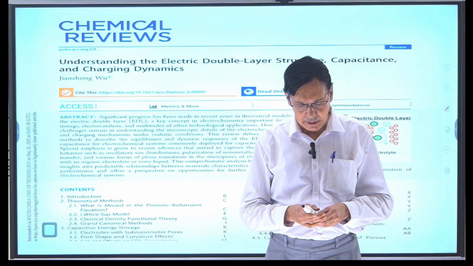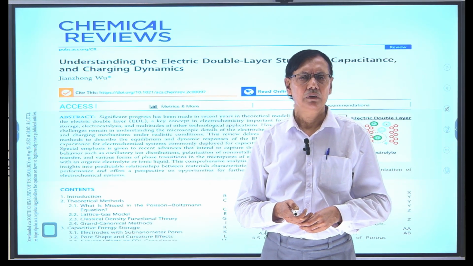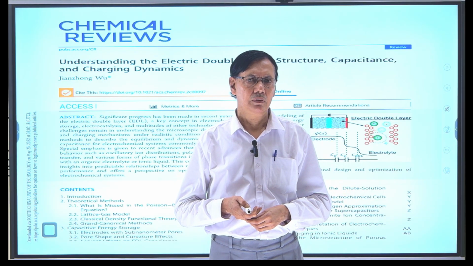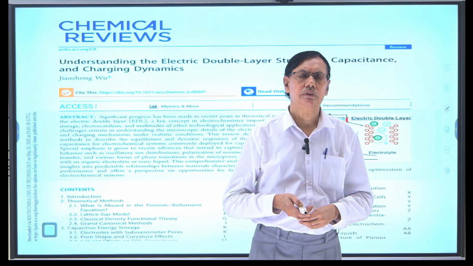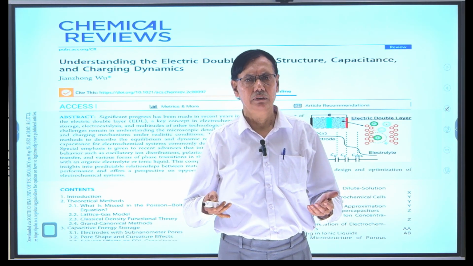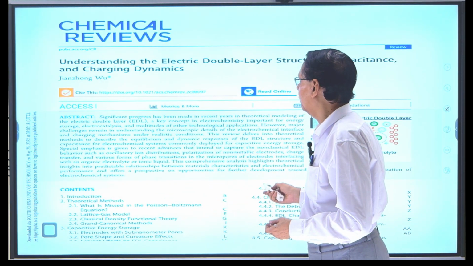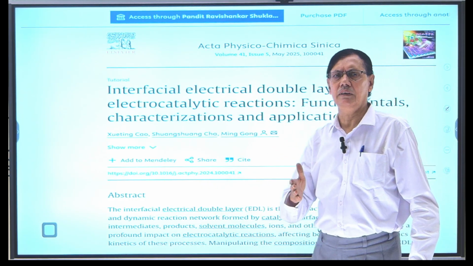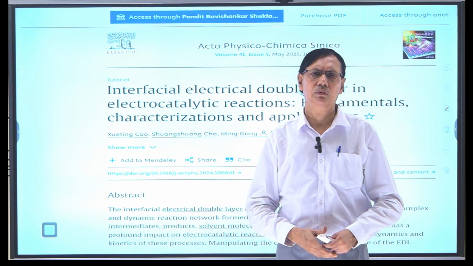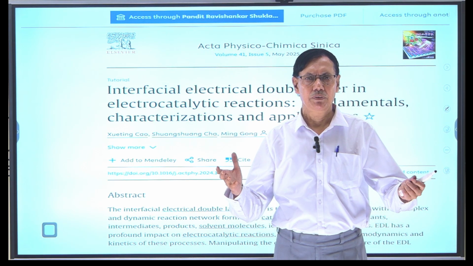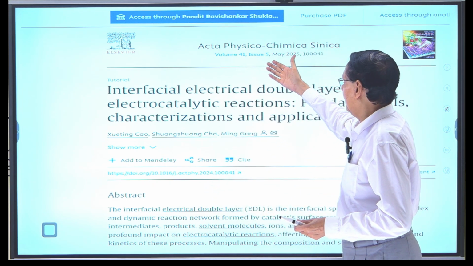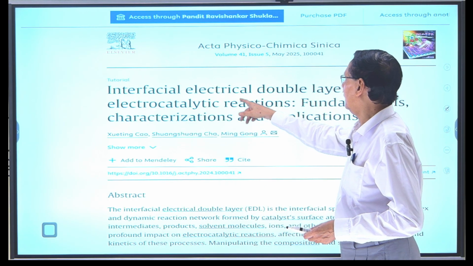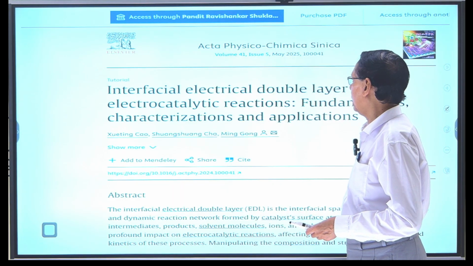In addition, you can refer to standard electrochemistry books like Bockris and Reddy, which is the best book, Modern Electrochemistry, like Glasstone and other normal textbooks. I also referred to a very recent article published on 1st January 2026, and one in Acta Physico-Chimica Sinica published in May, Interfacial electrical double layer in electrocatalytic reactions.